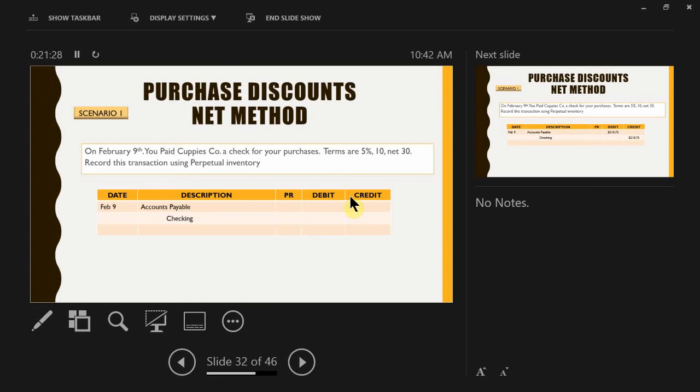Yes. So therefore, my assumption is I'm going to pay them. Now, what amount am I going to pay? $118.75. Plus the freight, because you have to include the freight.